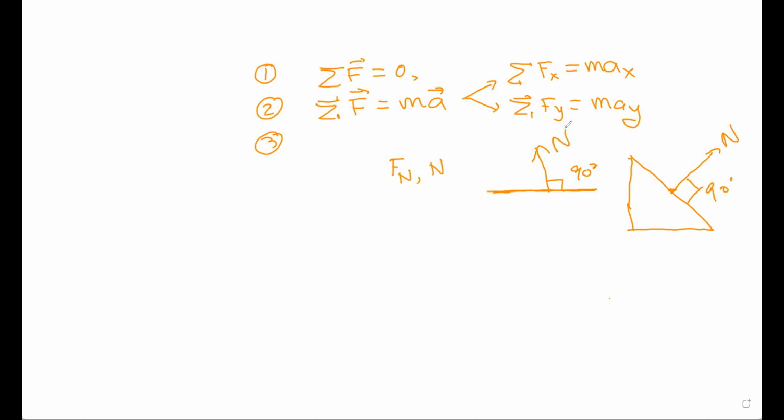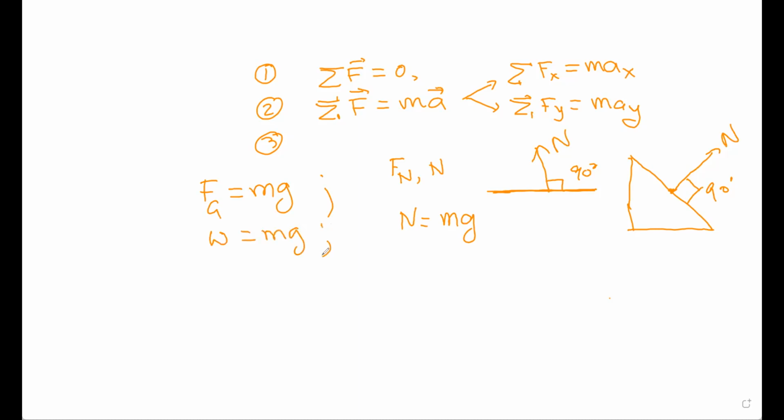In many problems you will see that the normal force balances the gravitational force, so the normal force is equal to the gravitational force. The gravitational force is equal to mg, or W equals mg.